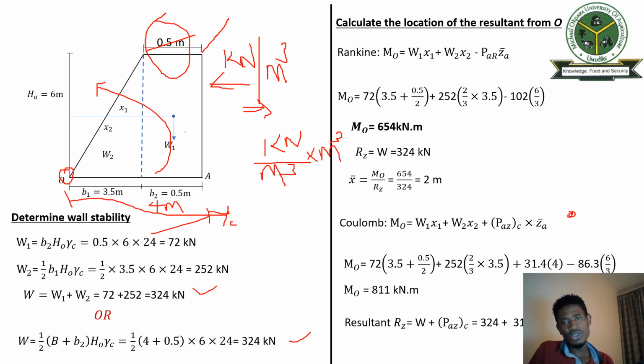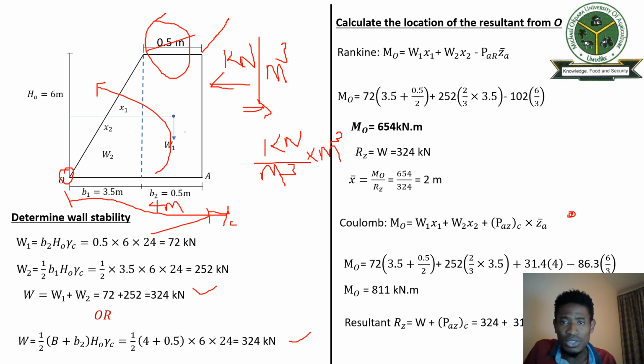So if the wall is going to rotate, if we are pushing it this way, we are calculating the rotation of the wall from this point. So we are calculating the moment of the wall about this point. And you know that moment is force times perpendicular distance. So we are calculating using the Rankine method. The only difference with this Rankine method and the other, like I said, is the value of the lateral earth force.